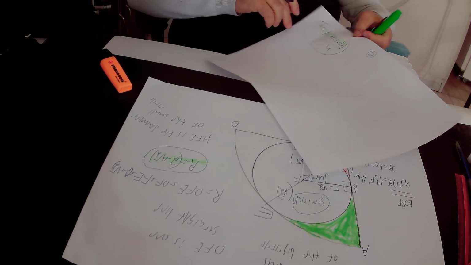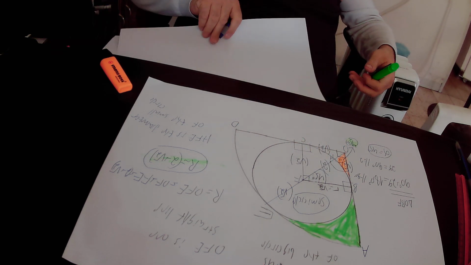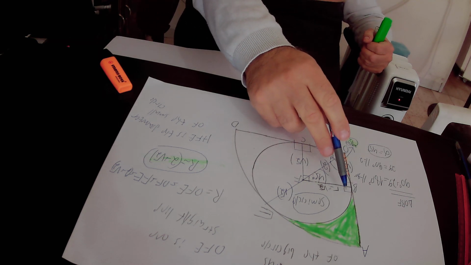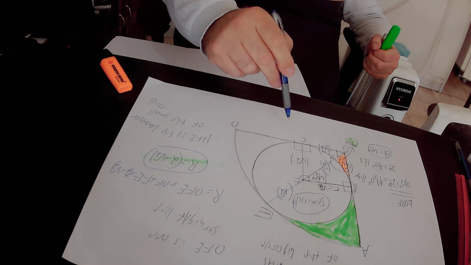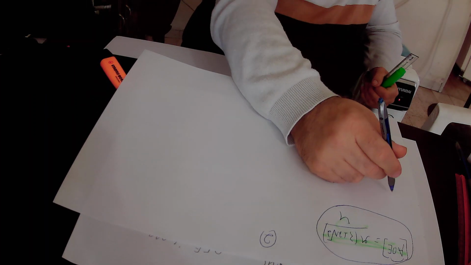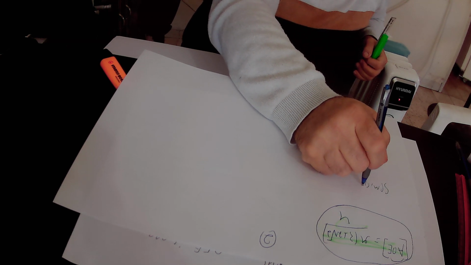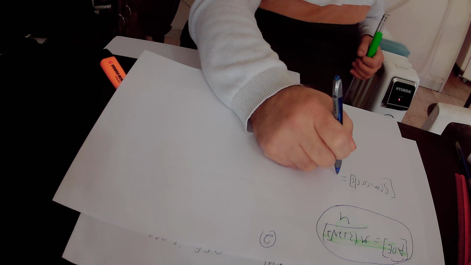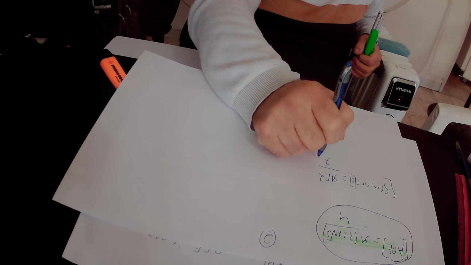In the next step, we find out the area of this small semicircle. This small semicircle is half of the small circle. Therefore, the area of the small semicircle will be equal to pi r squared, that is the area of the small circle, over 2.